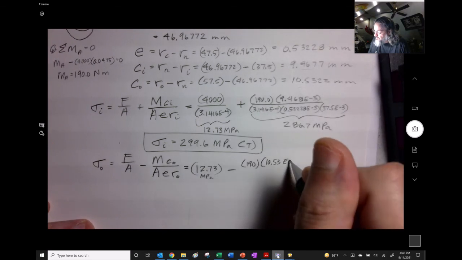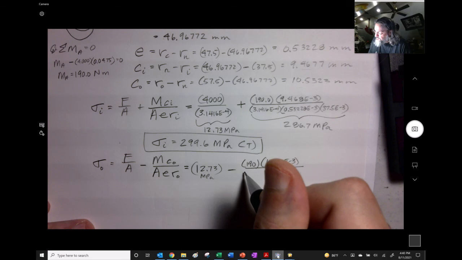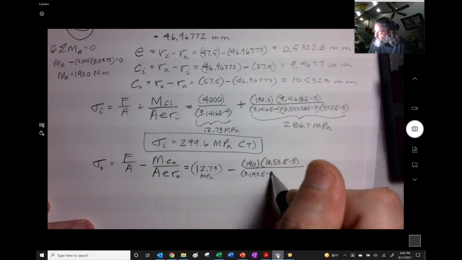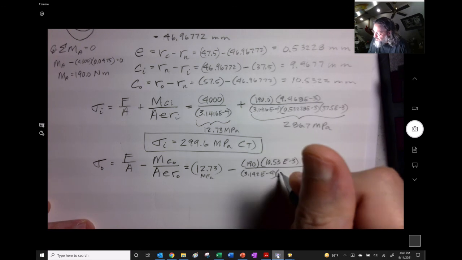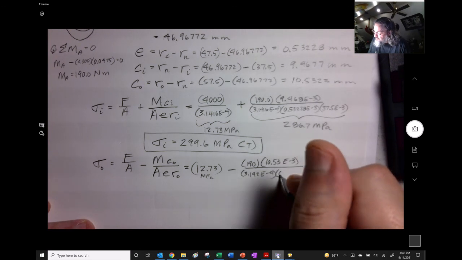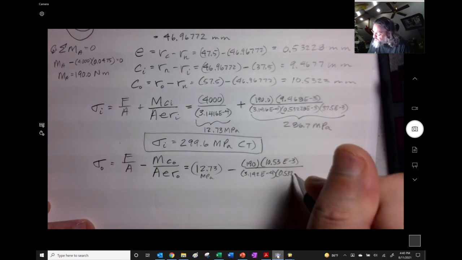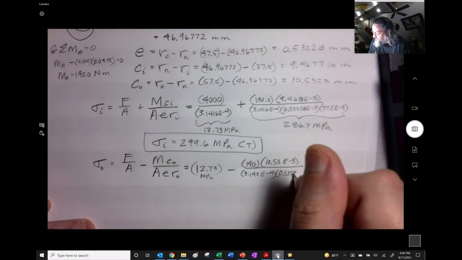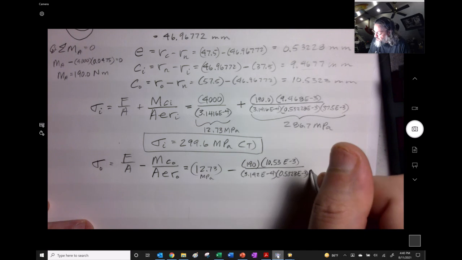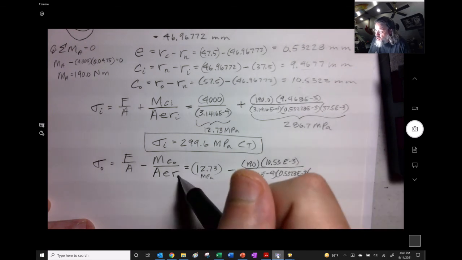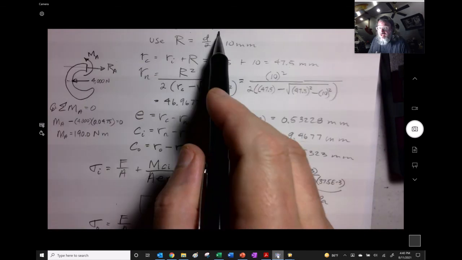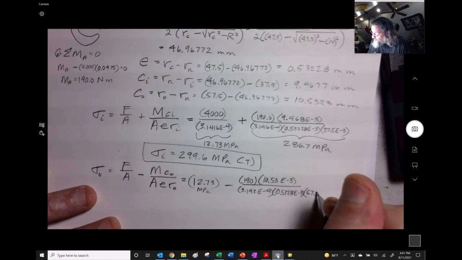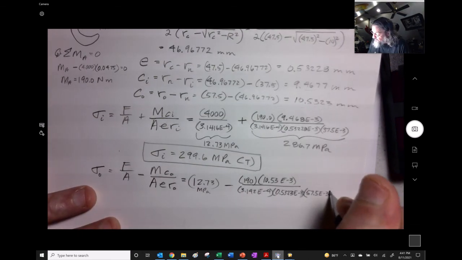We don't need to go any more sig figs than that. 3.142 E minus 4, and the E is the same, 0.532, E minus 3, and then RO is at the top, 57.5, so 57.5 E minus 3.